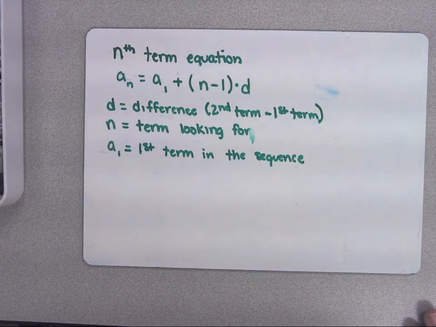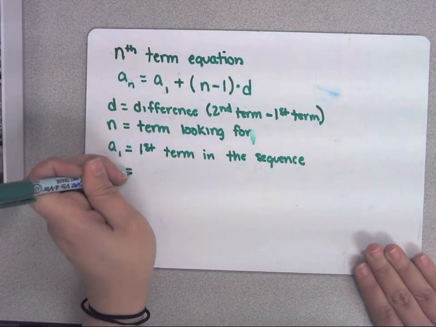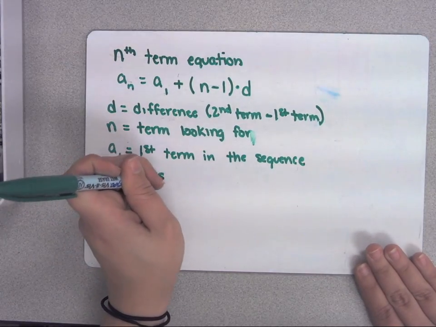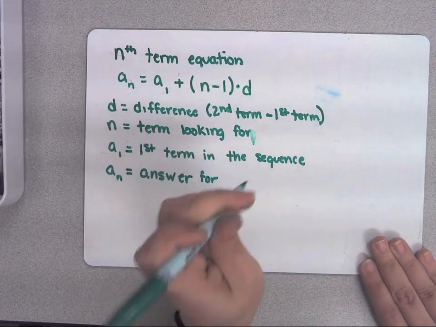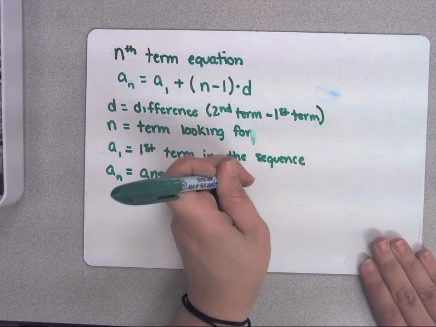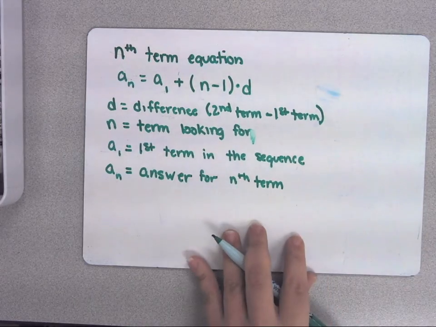It was a fraction. 1/2. That would be A sub 1. Whatever's in the front, A sub 1's the first thing you see. First term, second term, third term. Okay? And then A sub n is the answer for the nth term, AKA what we will solve for if we ever had to.